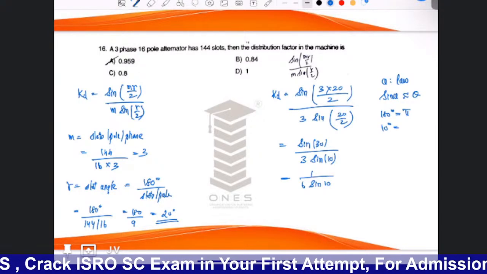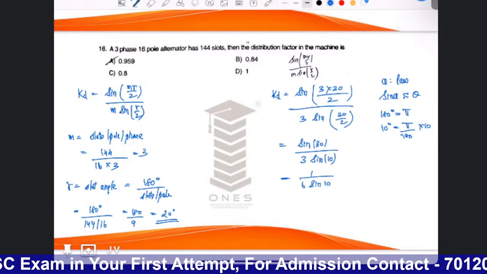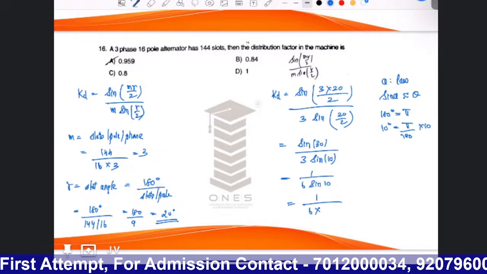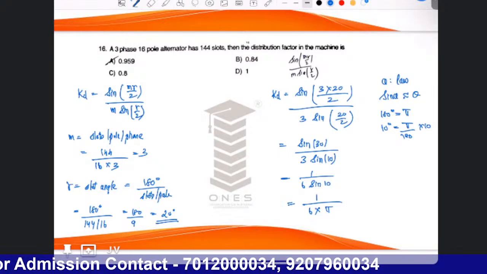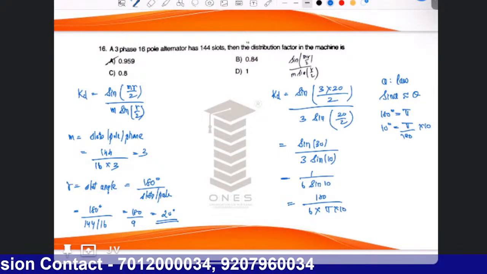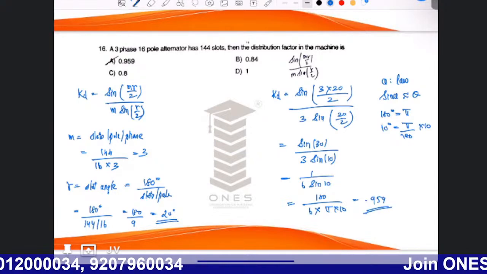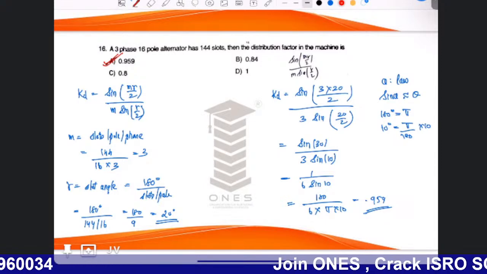So 10 degree is equal to pi by 180 into 10. So approximately it is equal to 1 by 6 into sine 10, that is pi by 180 into 10. So if you solve this, you will get 0.959. So the correct option will be option A, 0.959.